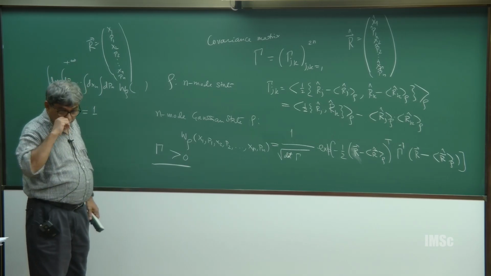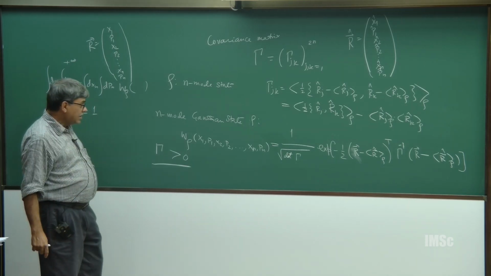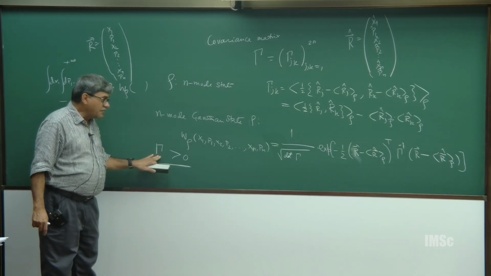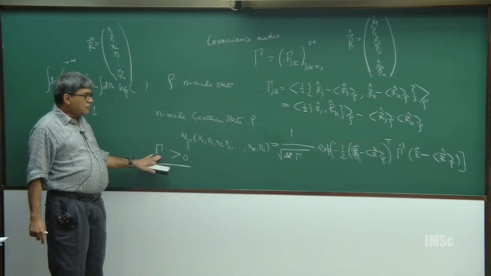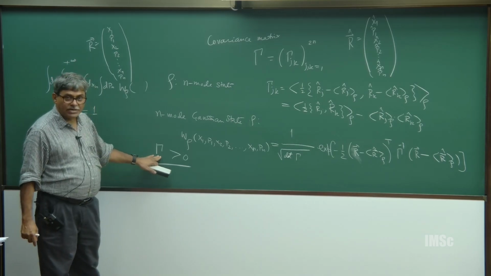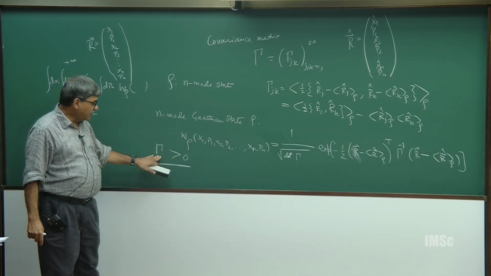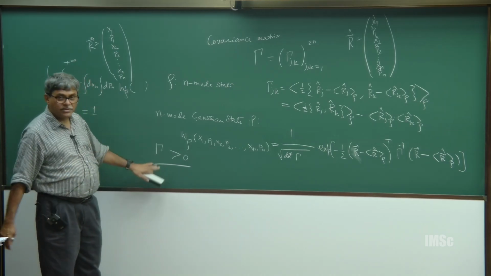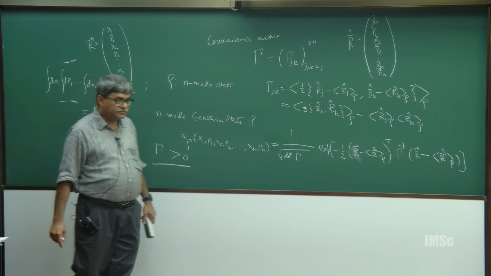But to say that this is a bona fide covariance matrix for a quantum state, an n mode quantum state, it needs to satisfy not just this, but something more than that. Okay.